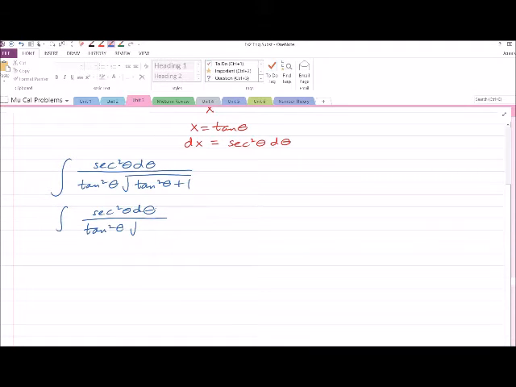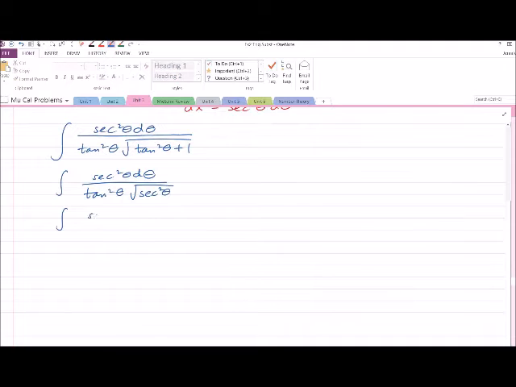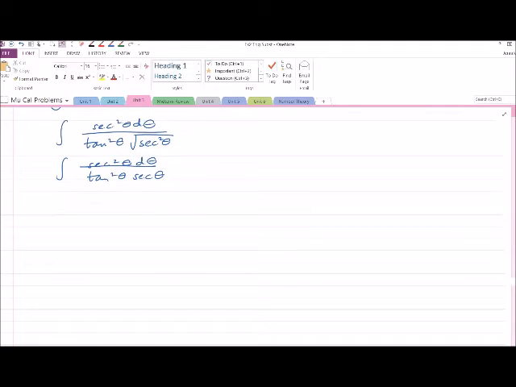The square root of tan squared theta plus 1 becomes the square root of secant squared theta, which then becomes secant theta. And then I'm going to divide my numerator and denominator by a secant. And now I'll work a little bit with some more trig identities.